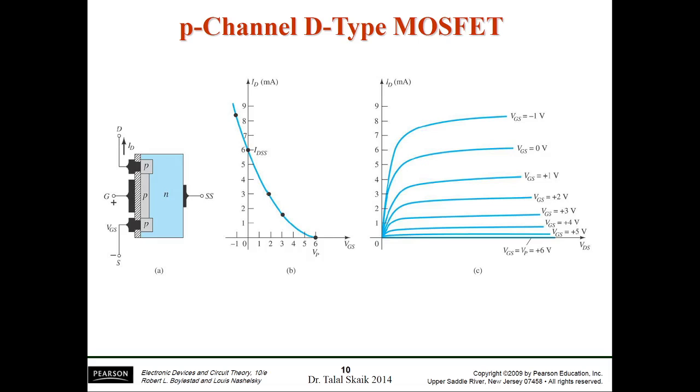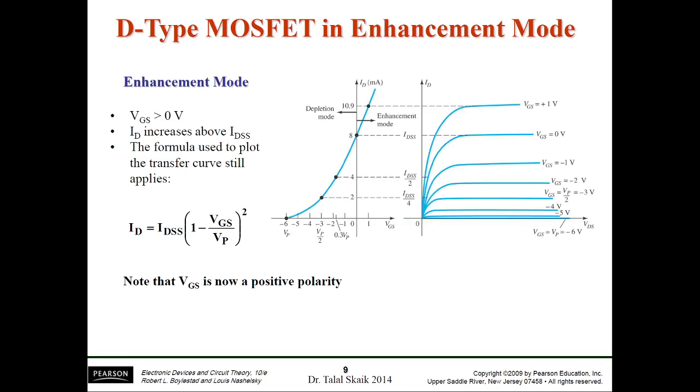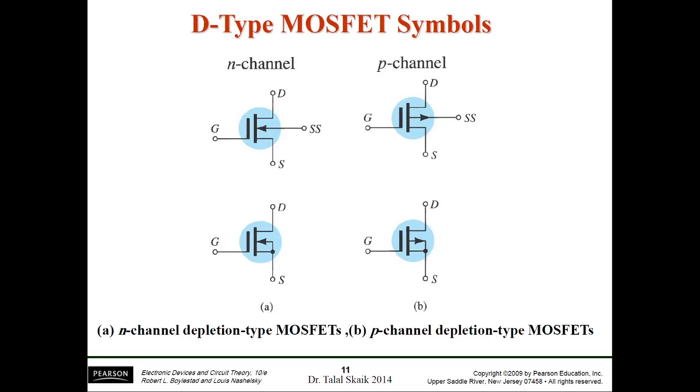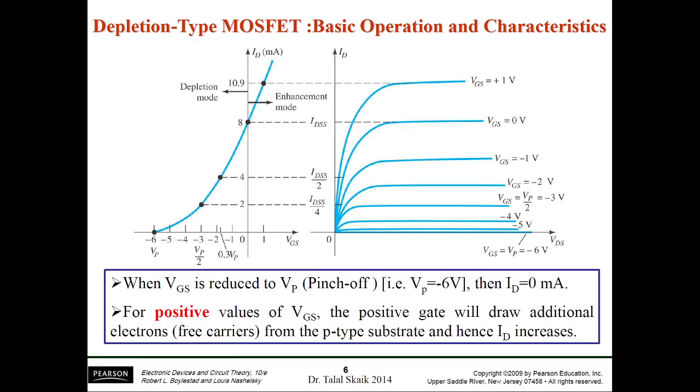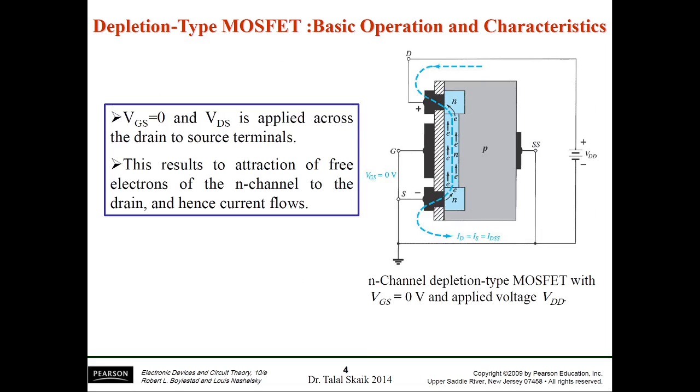Okay, so the enhancement MOSFET. How to remember this? Here the channel is absent, so the resultant device is called my enhancement MOSFET.